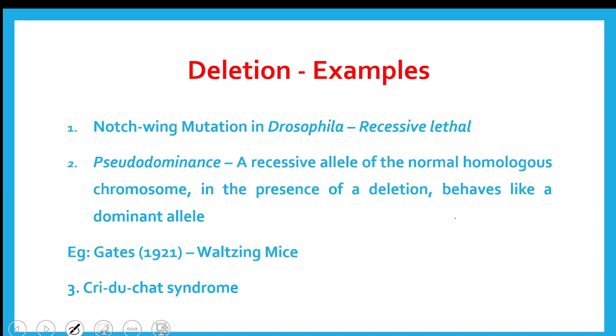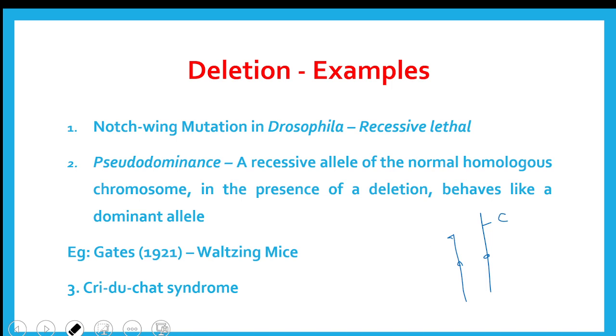So what actually happens here is, this is a pair of chromosomes in mice where it is a heterozygote. Now a deletion mutation has occurred and this portion of the chromosome is lost.